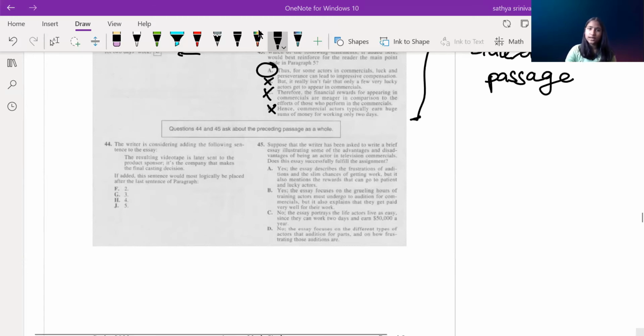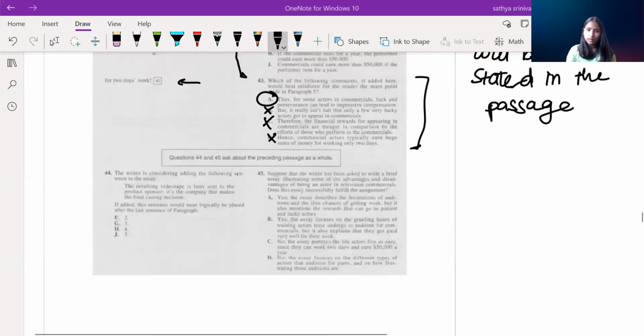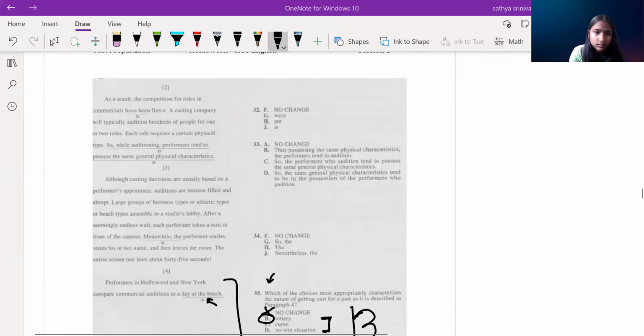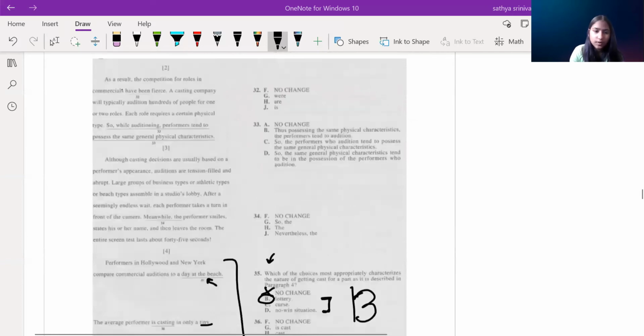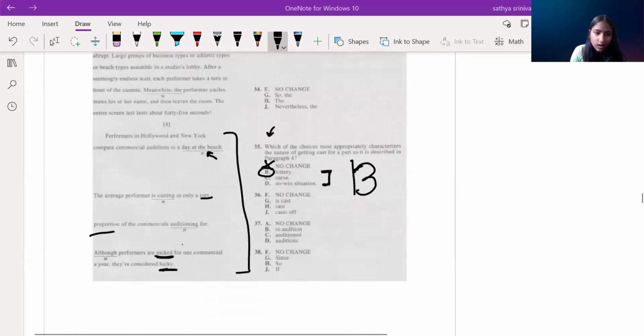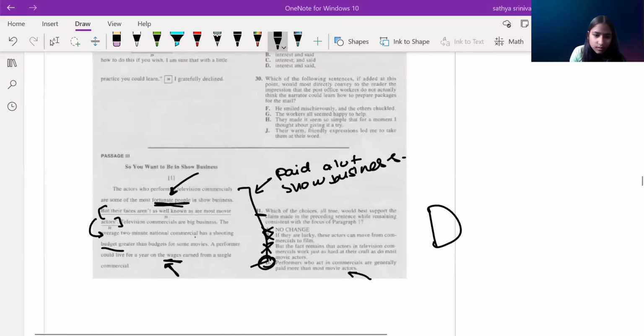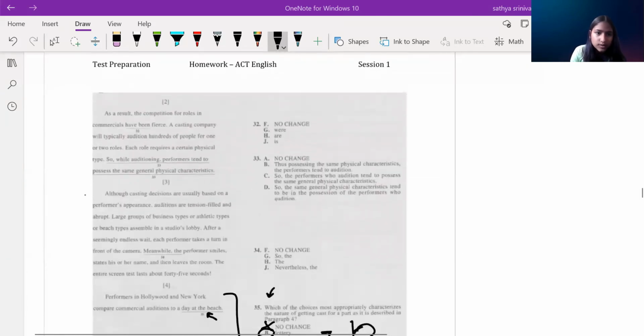What do you guys think? Is it yes or no? Does it talk about the disadvantages anywhere here? It mainly talks about advantages, but does it talk about any disadvantages? Well, let's see. So, as a result, it has been fierce.